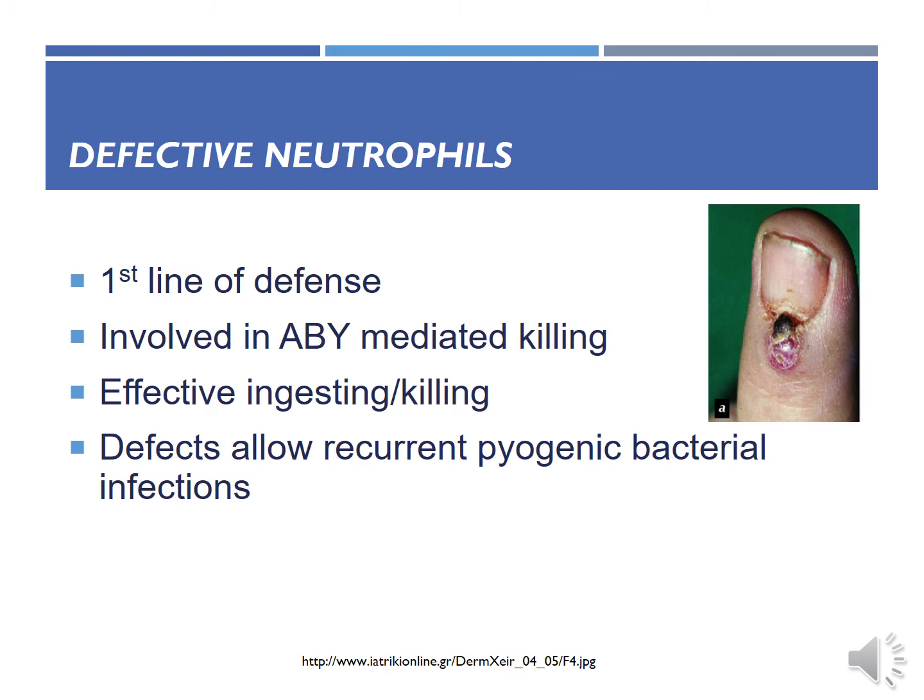And if there is an issue with any part of these neutrophils trying to perform their job, then we will see recurrent bacterial infections in patients who have this defect in their neutrophils.